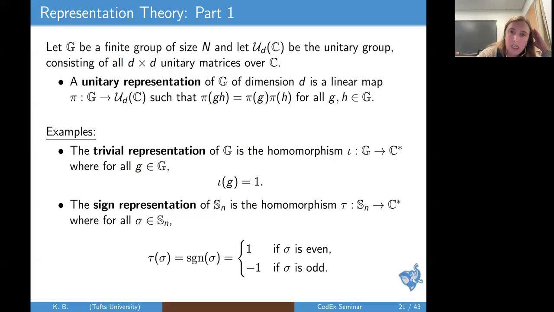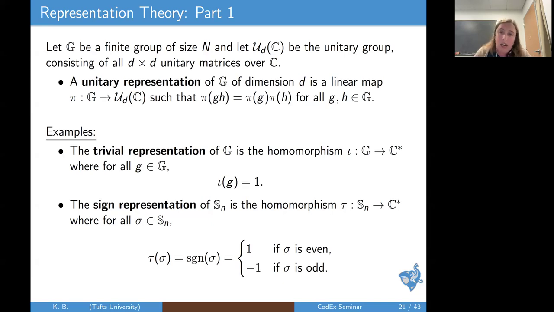So for any group, we have this trivial representation. It's a one-dimensional representation. For the symmetric group, we have the sign representation, which takes our permutation and maps it to the sign of the permutation. So if our permutation is even, it can be written as an even number of transpositions, then we get 1 from this representation, and if it's odd, we get -1. So this is also a one-dimensional representation.